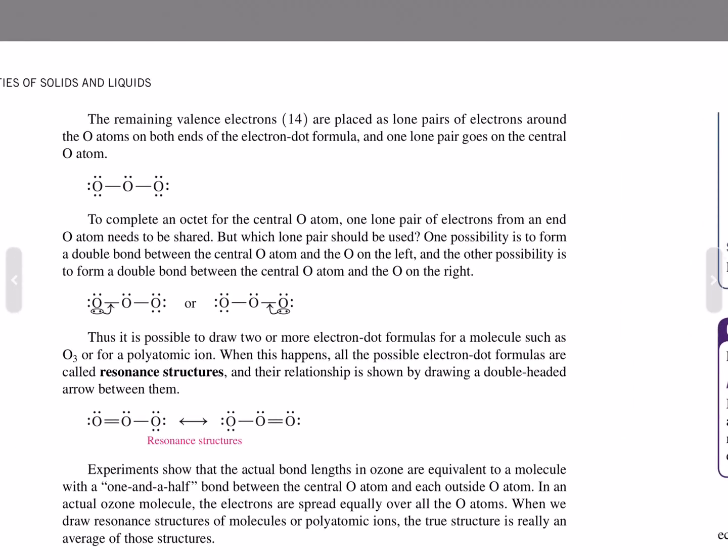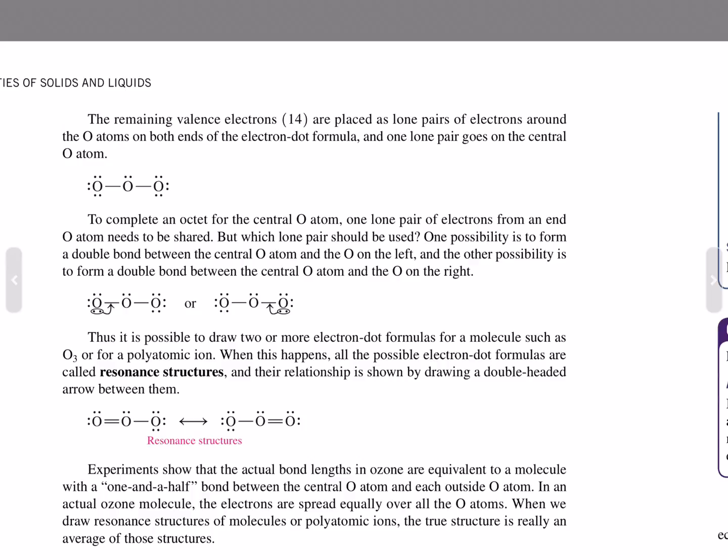The remaining valence electrons, 14, are placed as lone pairs around the oxygen atoms on both ends, and 1 lone pair on the central oxygen atom. To complete an octet for the central atom, 1 lone pair of electrons from an end atom needs to be shared. But which lone pair should be used?